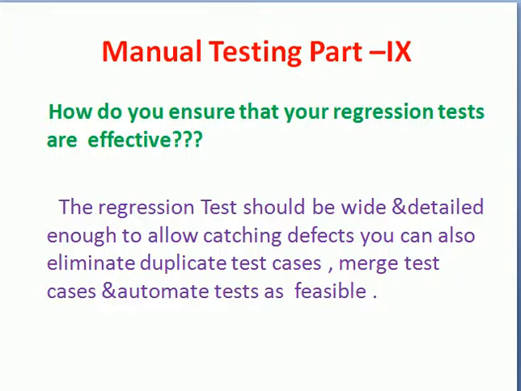Also, in your entire regression test suite, that is the set of regression test cases that you have selected, you can eliminate the duplicate test cases or merge test cases which have common parts, and also automate the tests as far as possible.